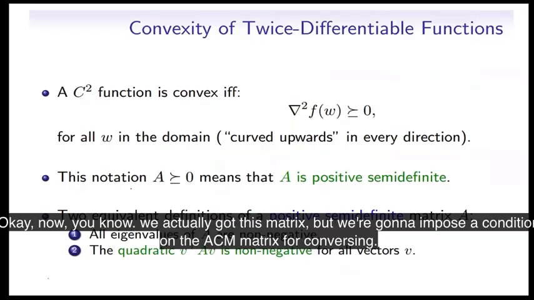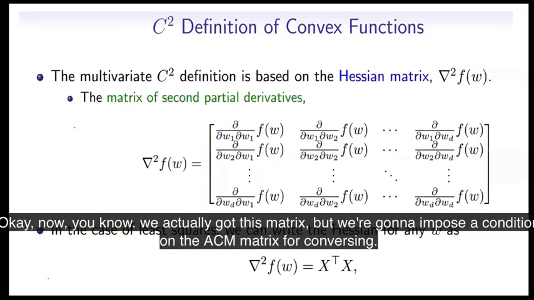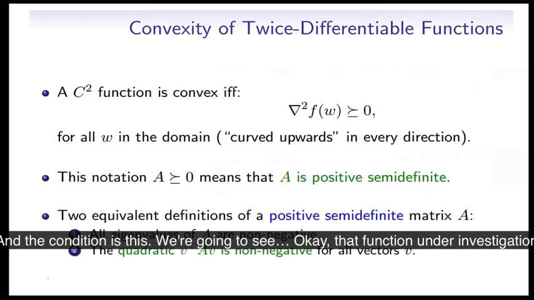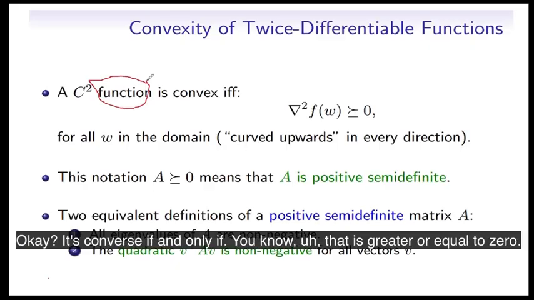We actually got this matrix, the Hessian matrix, but we're going to impose a condition on it for convexity. And the condition is this. We're going to say that function under investigation is convex if and only if that is greater or equal to 0.